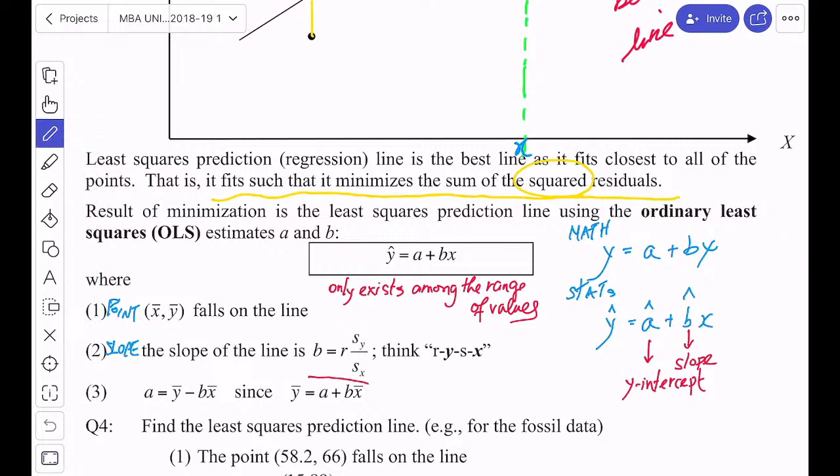This formula will give you the slope every time. An analogous type of formula exists when you have more than just one explanatory variable, but for this class we're just going to work with this one.